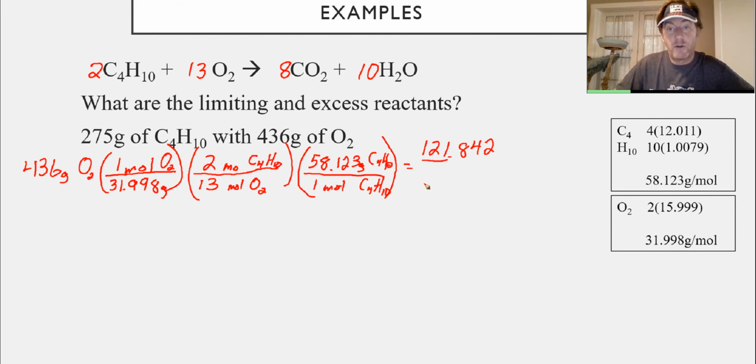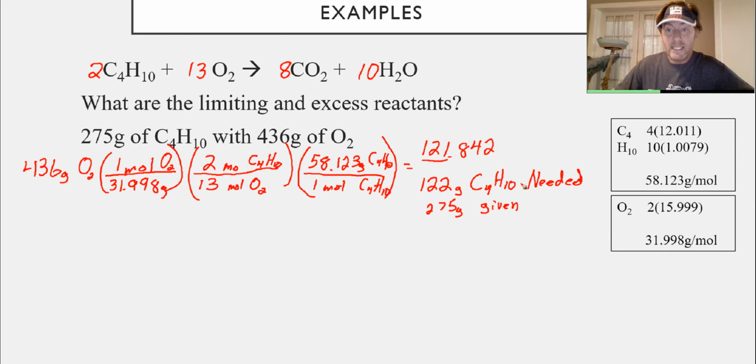So that makes us round to 122 grams of butane. This is what is needed to react all of this oxygen. Well, this is what's needed. How much were we given? We were given 275 grams.